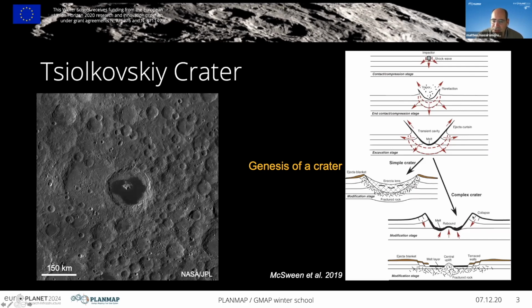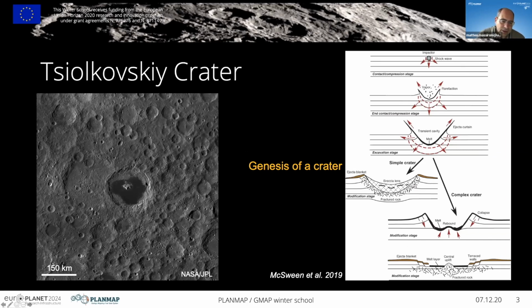The margins of the crater are called rims. This margin collapses within the floor of the crater, forming kind of normal faults or sliding planes, and forming walls and terraces that you see in the last picture of the image to the right.